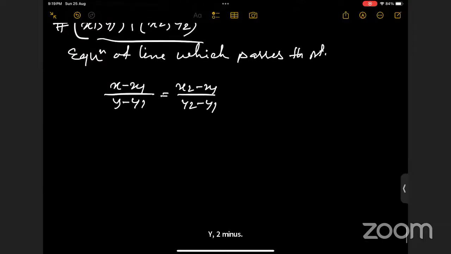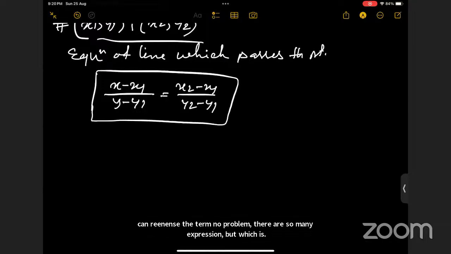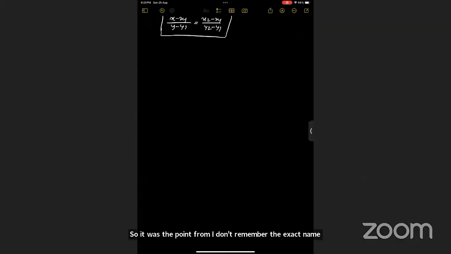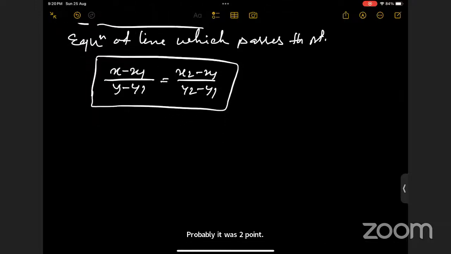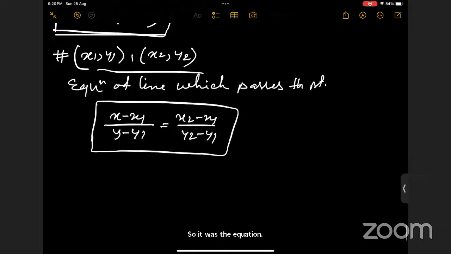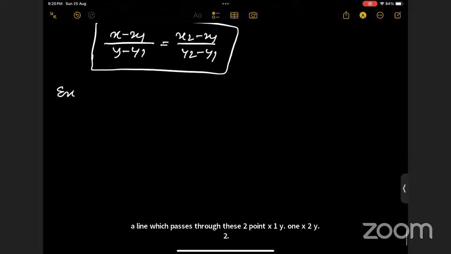There are so many expressions, but they all come from this equation, right? I don't remember the exact name, probably it was the 2-point form. So it was the equation of a line which passes through these 2 points x1, y1 and x2, y2, right? So let us solve some.